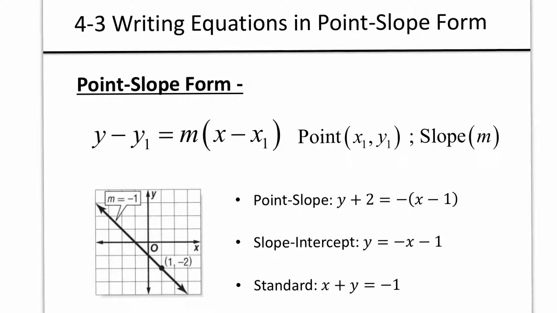So I'm going to label this for you guys so you understand where the numbers go. I'm going to say this number is x1 for the point, and this number is your y1 for the point. So notice that I already have my point-slope form here. So I have y plus 2 equals negative times the quantity of x minus 1.